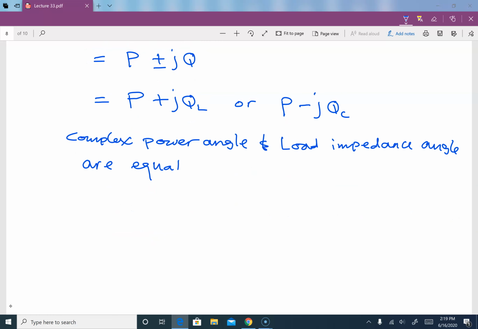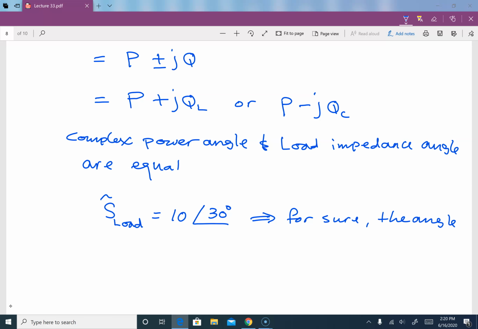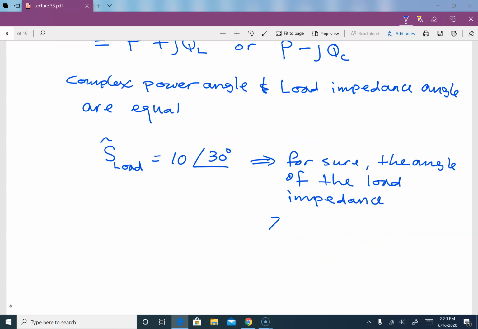So if I have, for example, our S of the load to be, let's say, 10 with angle 30 degrees, then we can say for sure the angle of the load impedance has to be ZL with angle 30 degrees.